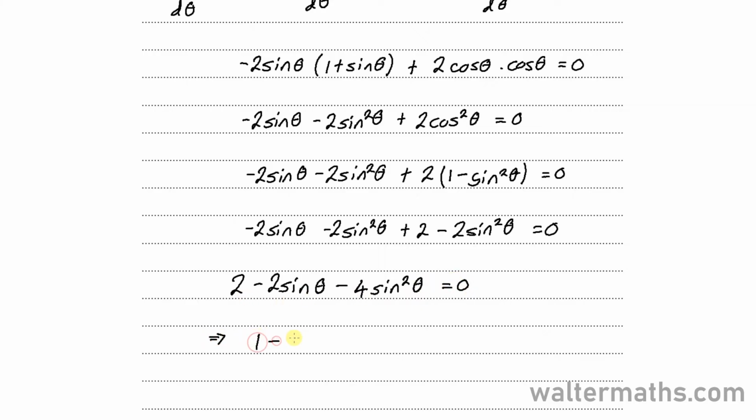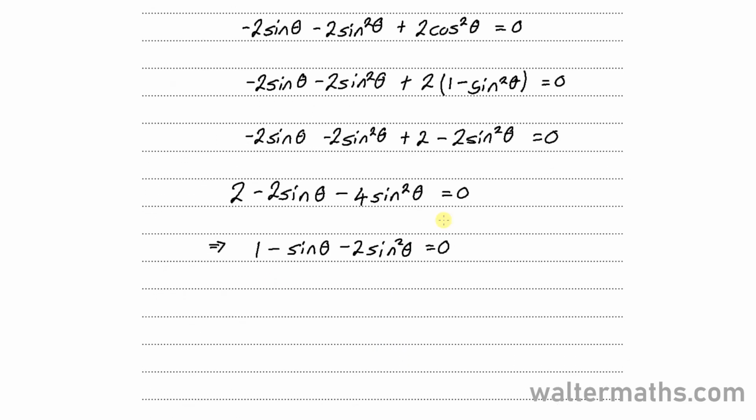That's 1 minus sine theta minus 2 sine squared theta equal to 0. So from here we can actually factorize it, and if we do, we get a 1 here and a 1 here, minus 2 sine theta here, and it has to be plus sine theta.